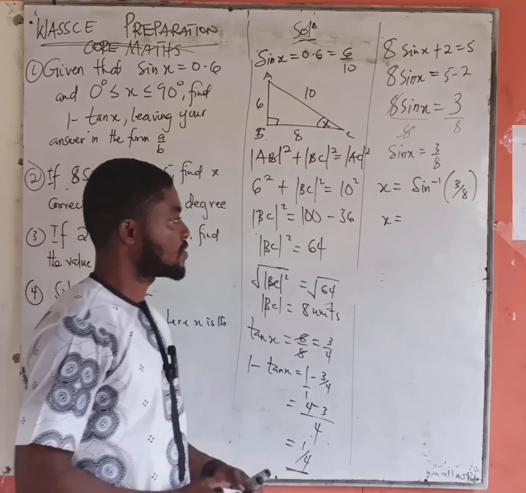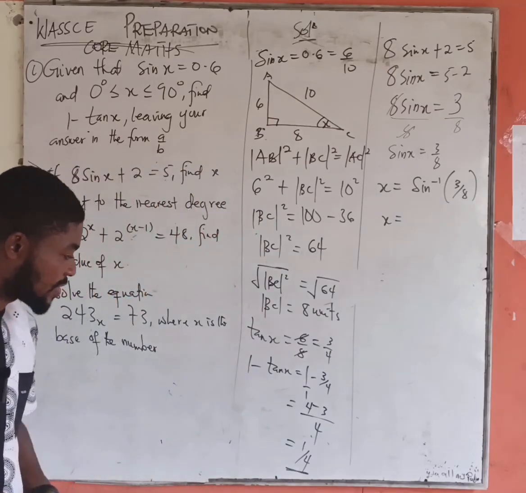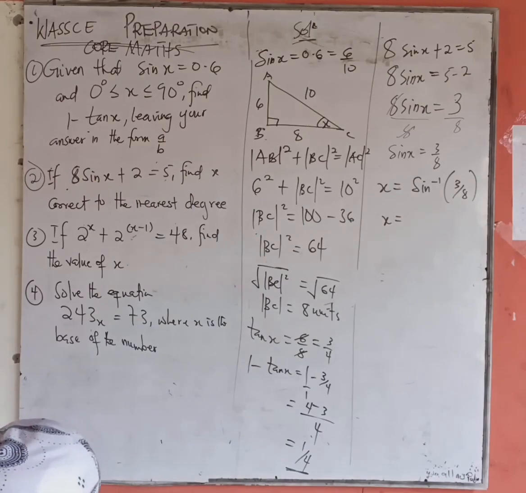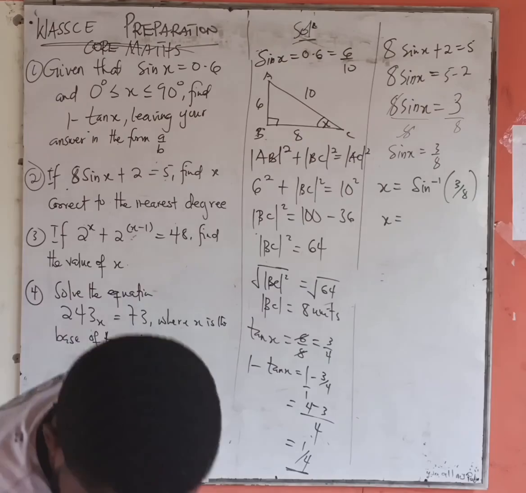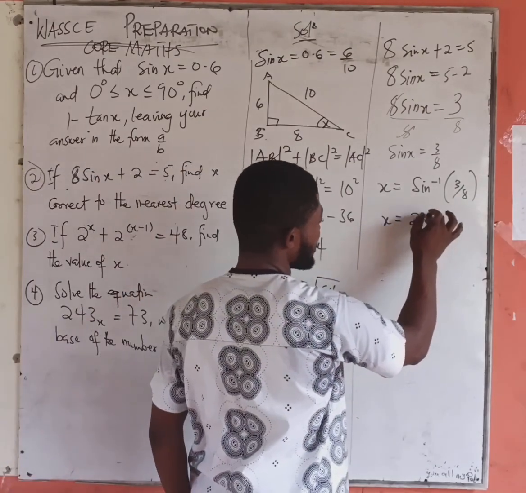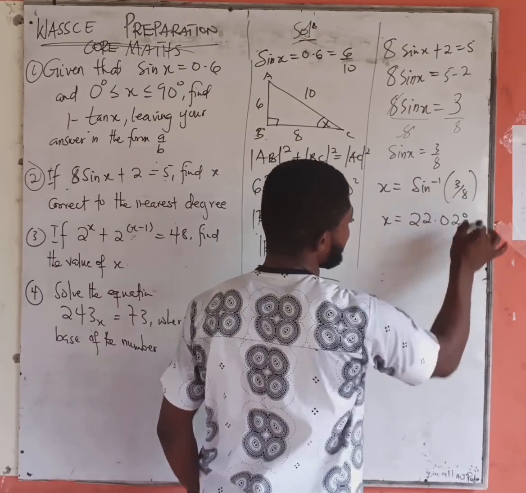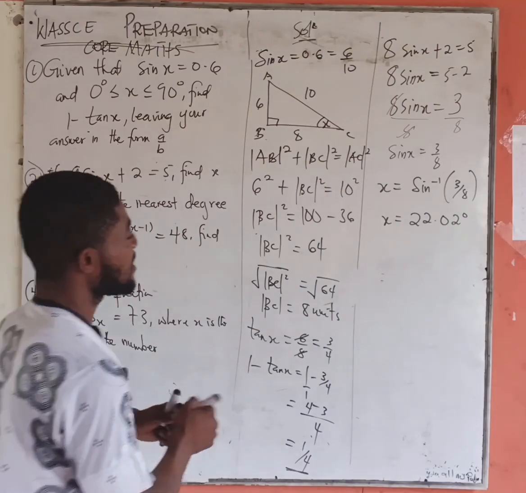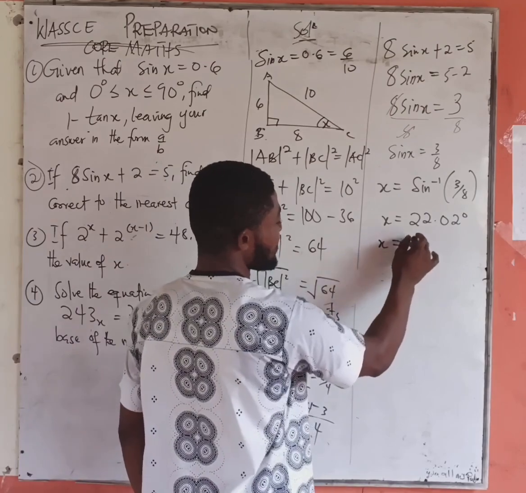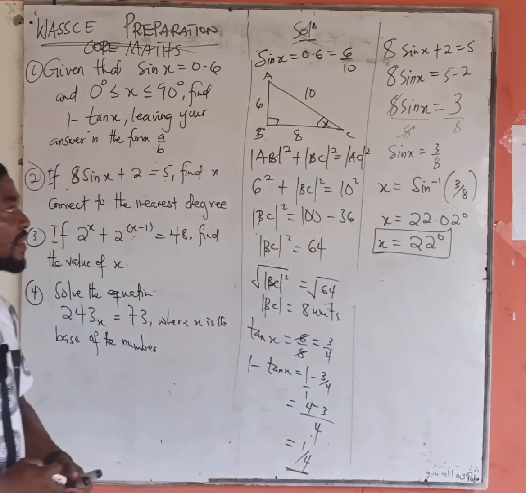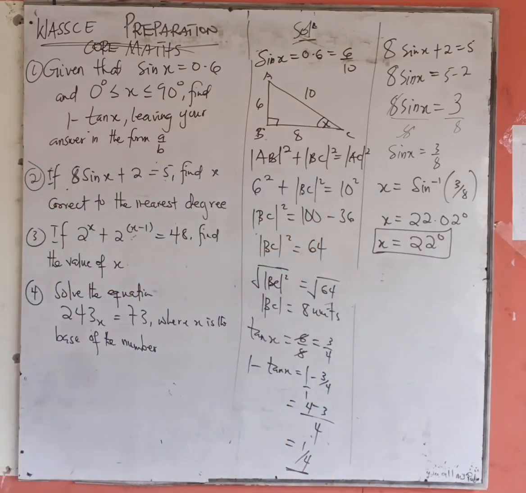If you punch that on the calculator, I'm going to get 22.02 degrees. You've been asked to round it to the nearest degree, so this is 22 degrees. So question 1, question 2, done.